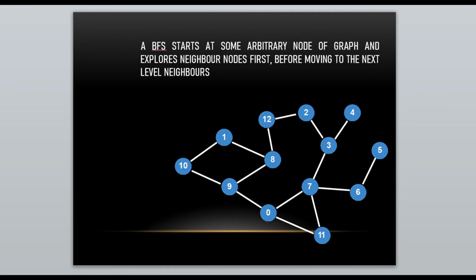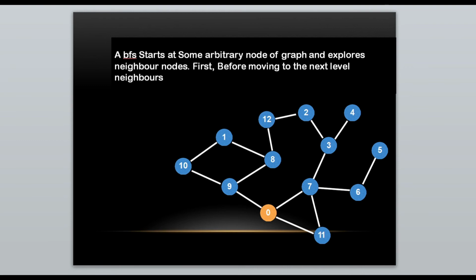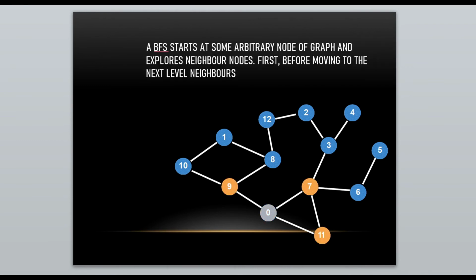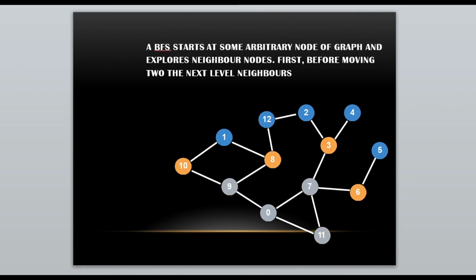So if we start breadth first search at 0, we would visit 0 first, then visit all of 0's neighbors, and that is 9, 7 and 11. Then we would visit all of 0's neighbors, the nodes in yellow, before moving on to the next level of nodes. Then we would visit all their neighbors and so on. So as we saw, a breadth first search explores a graph layer-wise.